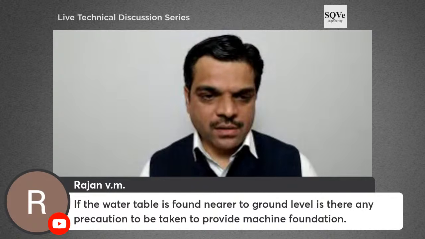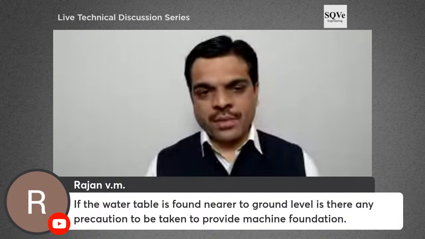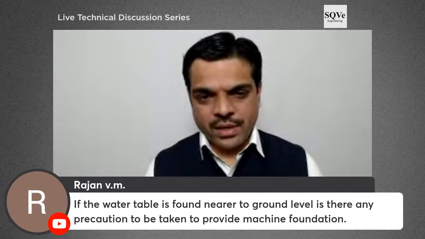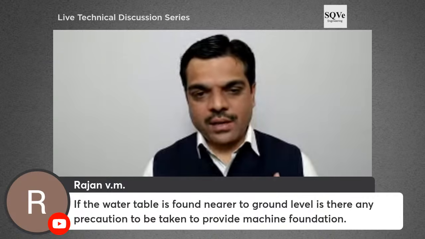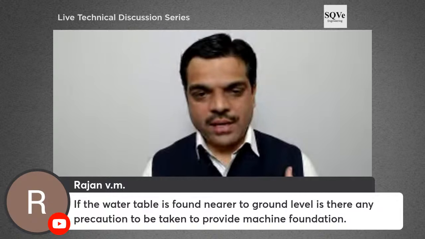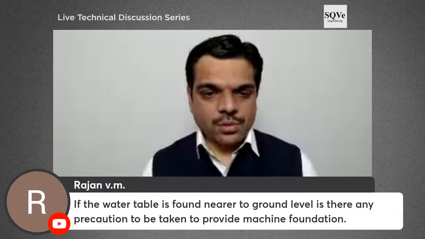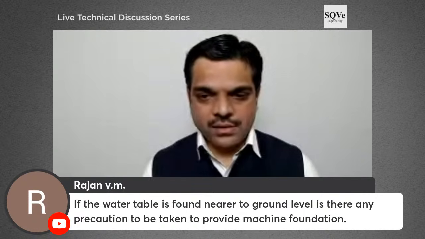That's why, generally speaking, we should consider a range of geotechnical stiffness. And if there is a water table, we need to take care that there is no uplift in the foundation. Whenever we are checking the foundation, no part of it should get uplifted, meaning the entire foundation should be in contact with the soil.